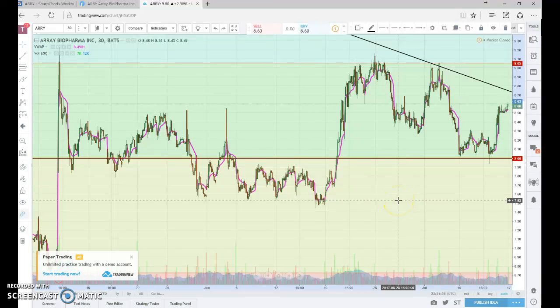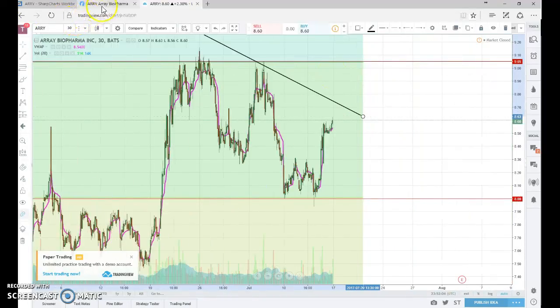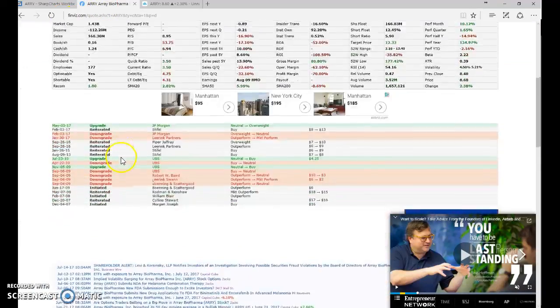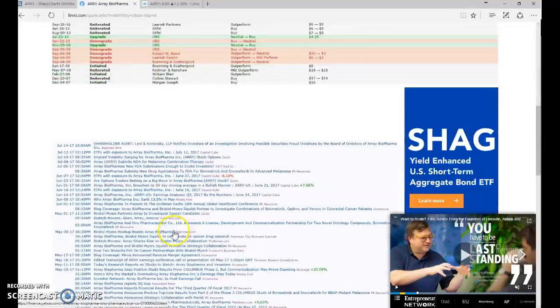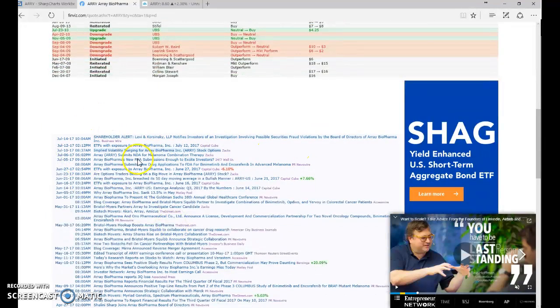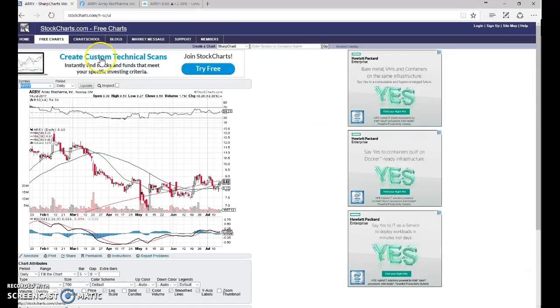The other thing that I like to do is check the news just to make sure that they're not reporting any numbers, for example if there's any earnings or any news coming out. That's the other thing I look into, and Finviz is really good with that. And then I was talking about my moving averages here.